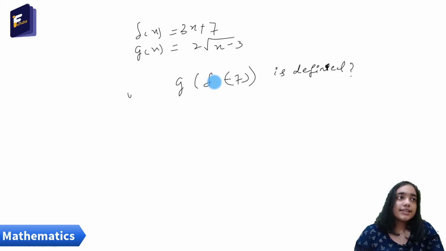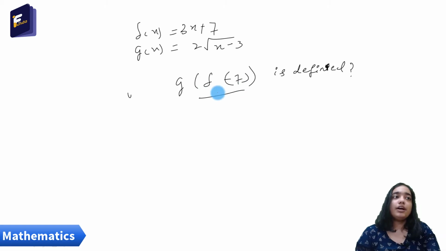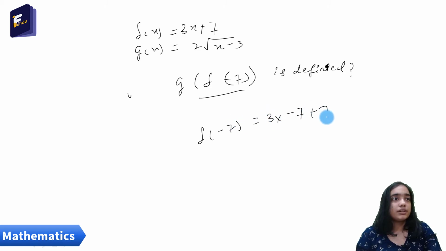Whenever I see g of f of minus 7, first I find f of minus 7. So what is f of minus 7? We will put minus 7 in f of x. So it is 3 into minus 7 plus 7, minus 21 plus 7 equals minus 14.